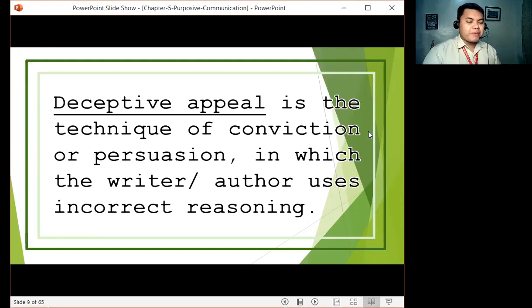Deceptive appeal means the technique of conviction or persuasion in which the writer or the author uses incorrect reasoning. So that you can avoid falling into the pitfall of believing this incorrect writing, it would be good to study them. Okay, so how to study?